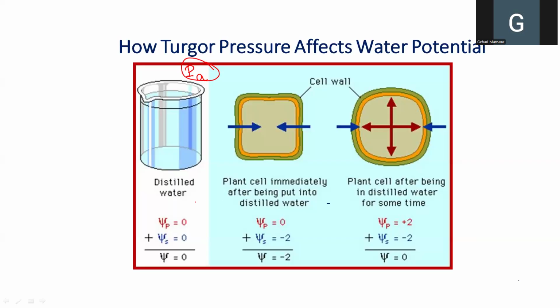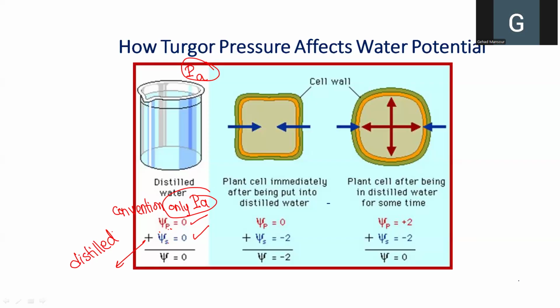That's why psi p, or the pressure potential, would be considered zero, because by convention between the scientists, in order to standardize the way we calculate things, the pressure potential is zero because it's only atmospheric pressure, and the solute potential is also zero because this water is distilled water, and therefore it contains no dissolved salts.